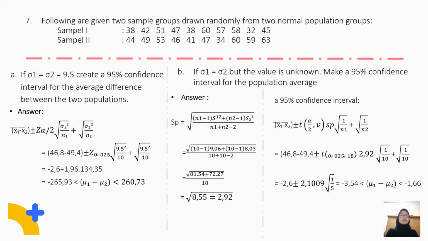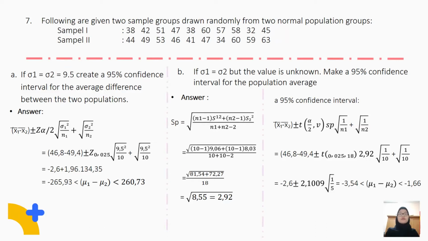So the answer is square root of 8.55, equals 0.92.